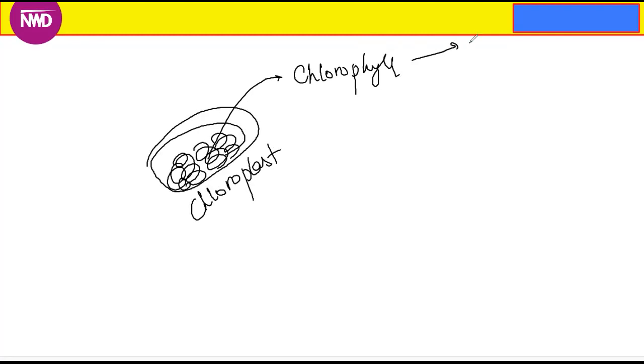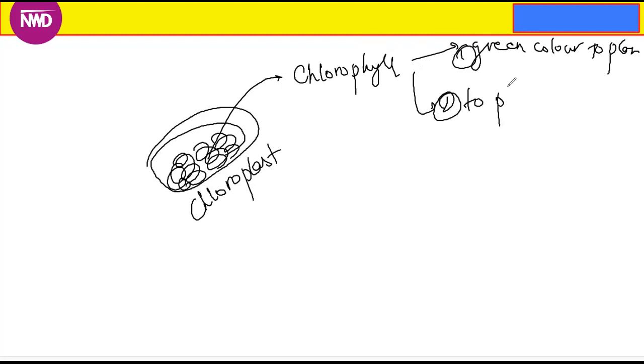Chlorophyll has two functions: green color to the plant, right? This is its first function, and the second function is to prepare food. And this process of preparing food is known as photosynthesis.